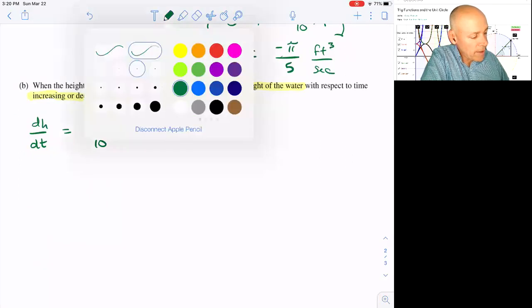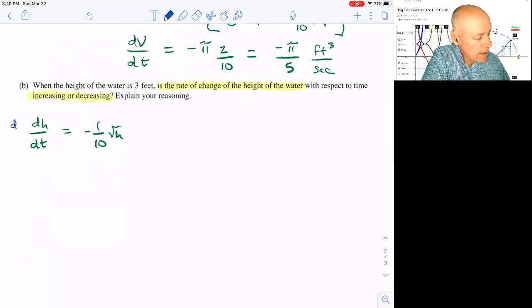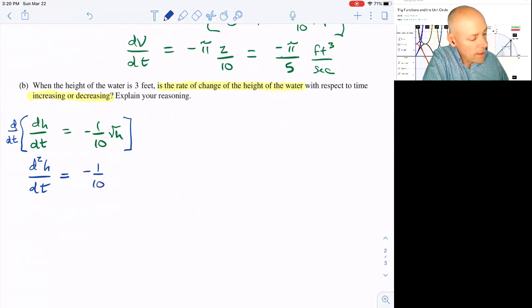So I want to find d/dt of that. So I'm going to come up with the second derivative is equal to negative 1/10. I'm going to just rewrite this.